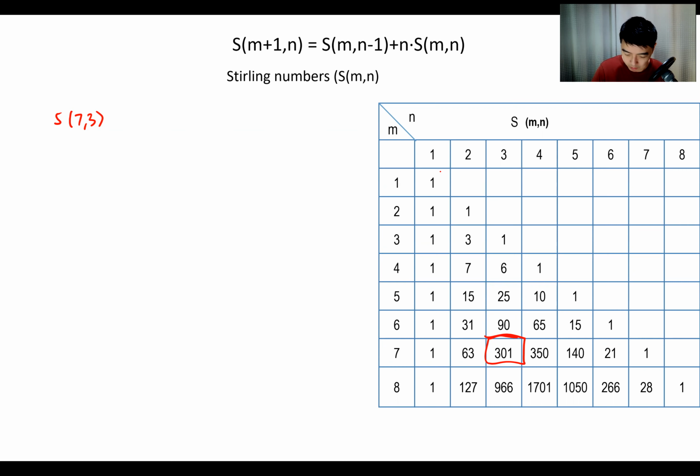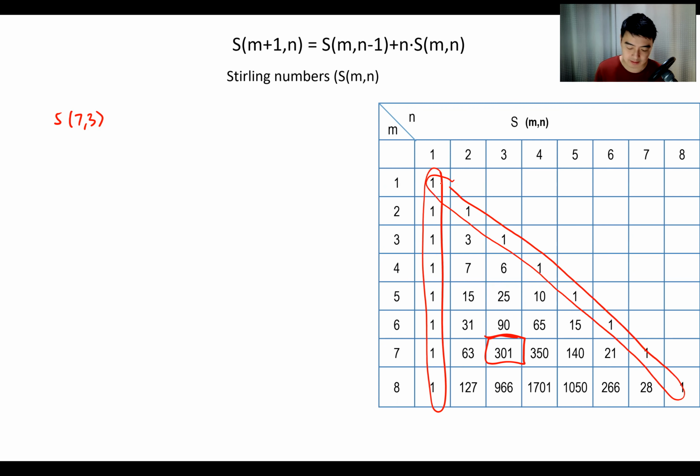All the ones along this column and all the ones along these diagonals are our base cases. Much like in the Pascal's triangle that we saw before, there are base cases, the sides of the triangle. Here we have base cases as well.